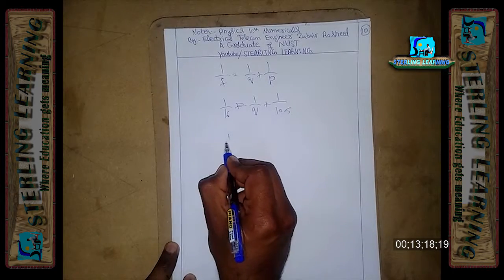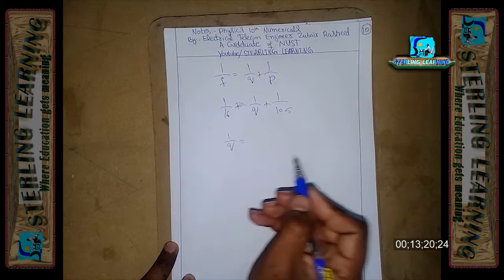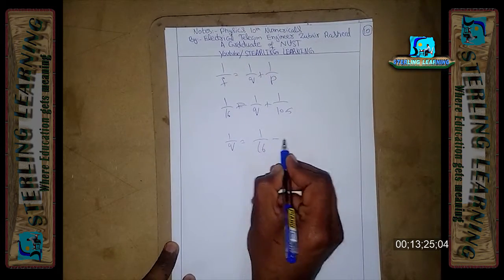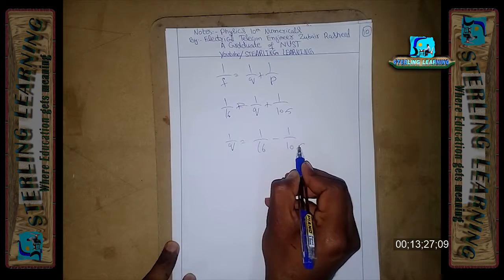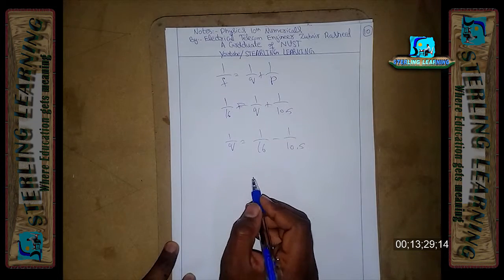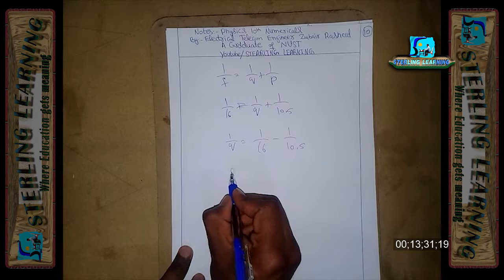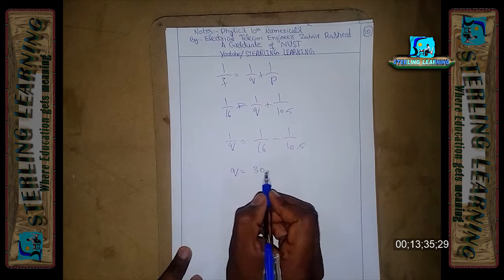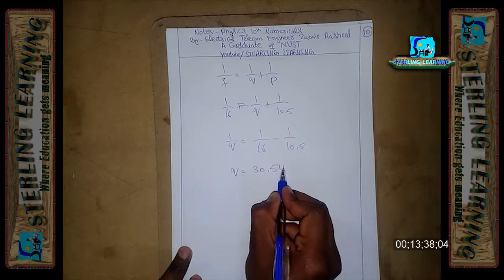Now 1 over q is equal to 1 by 16 minus 1 by 10.5. After calculation, q comes out to be 30.54.